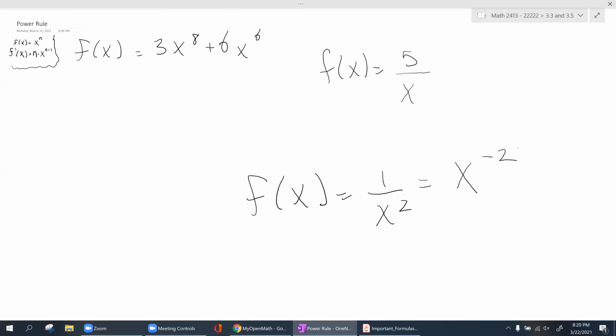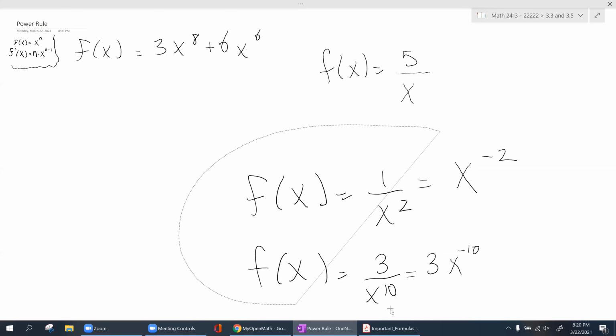Generally, whenever we're dealing with these derivatives and we have variables in the bottom, we don't want that. So we throw the variable up there and remember to change the sign. If f of x is equal to 3 over x to the 10, this is going to be 3x to the negative 10 power.